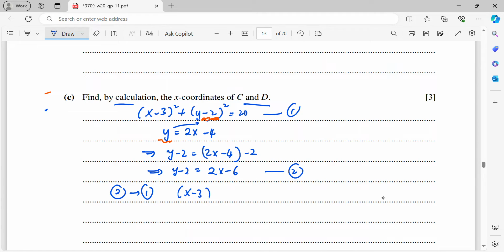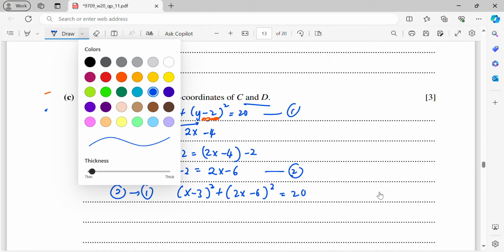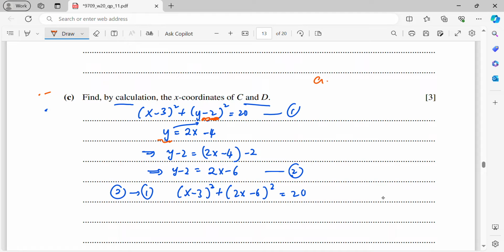(x minus 3) squared remains. (y minus 2) squared will be replaced by the second equation, so I will write (2x minus 6) squared equals 20. Then from here, just do the expansion. We have this quadratic expansion: (a minus b) squared equals a squared minus 2ab plus b squared.